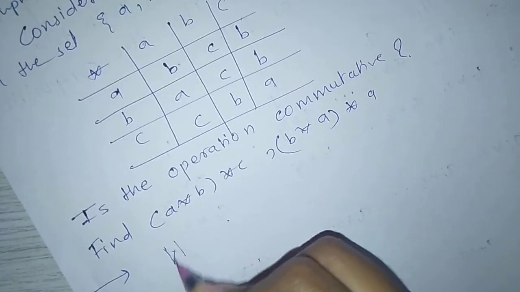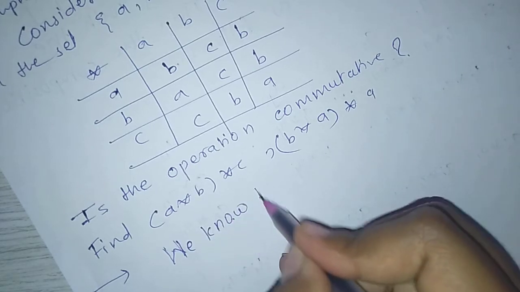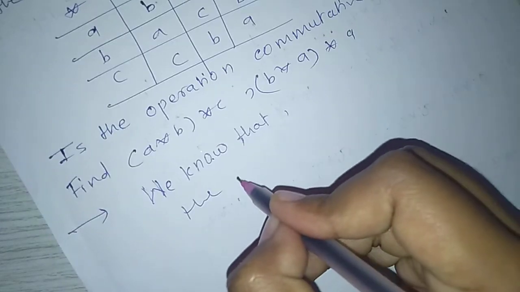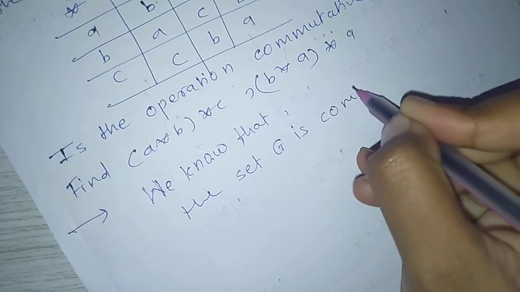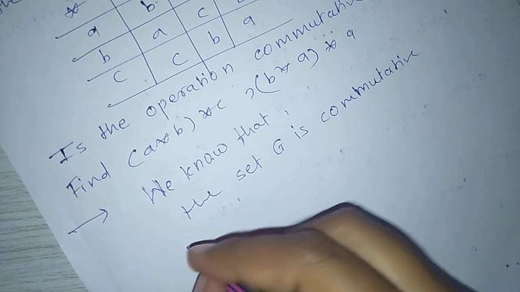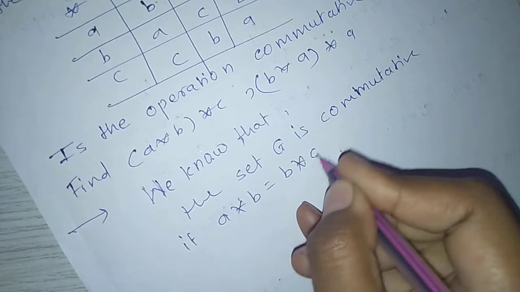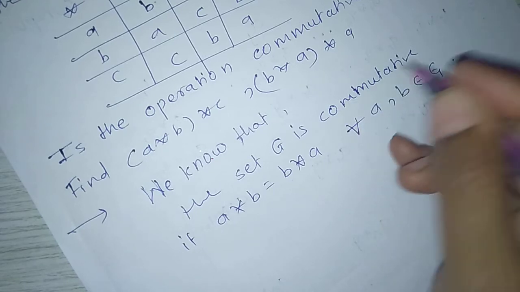We know that the set G is commutative if A star B equals B star A for all A, B belongs to G.